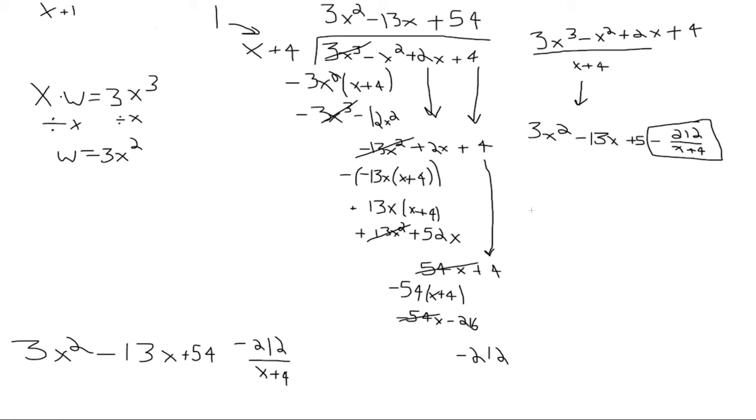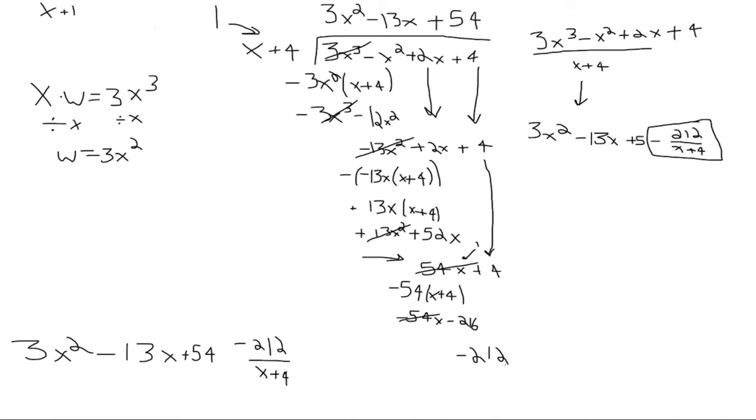Whereas if we had something like 54x plus 4 over here, the highest exponent in a term is 1, right? So this is also 1, so it's not greater than this, right? So we can still divide further.